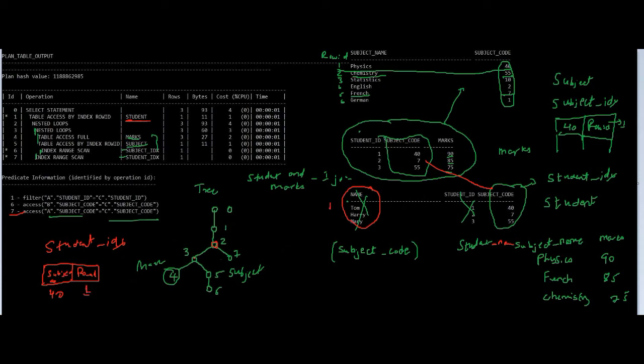With the help of row ID, it can see what the corresponding name is, so that name comes here. Similarly, Harry and then Mary. So as you can see, this is an explain plan with the help of index.